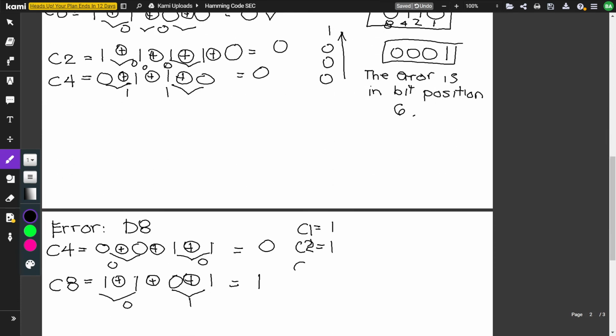And then the changed value of C4 is 0. And then C8 is equal to 1. And then read it upwards. So the check bit for the word that has an error in D8 is 1011, and then just the previous, with the error in position 6.